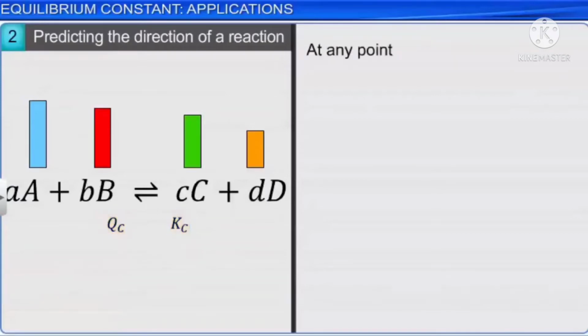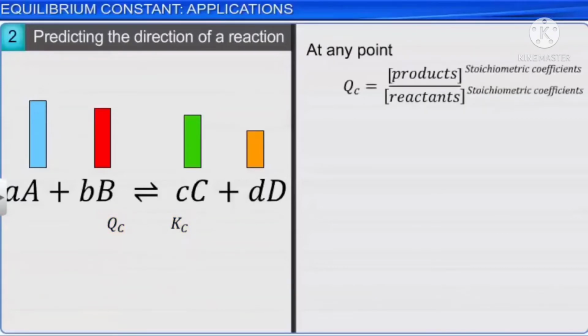At any point in a reversible reaction, the ratio of the concentration of the products raised to their respective stoichiometric coefficients to that of the reactants raised to their respective stoichiometric coefficients is known as the reaction quotient, Qc for molar concentrations and Qp for partial pressures.